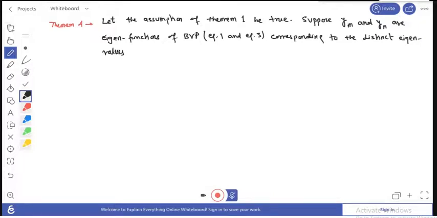Suppose the eigenvalues are lambda m and lambda n.